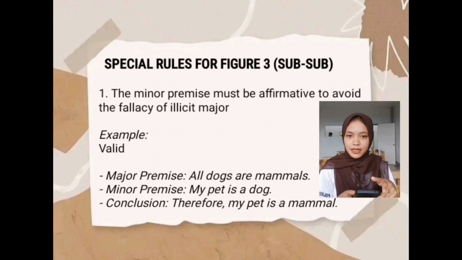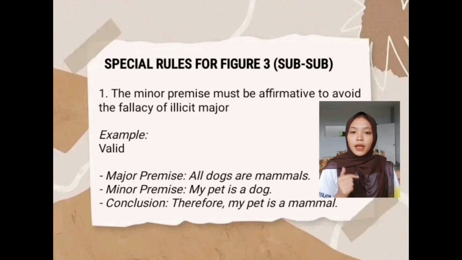What is fallacy? Fallacy is a logical error, right? This fallacy occurs when the conclusion makes a broader claim than what is stated in the major premise. In other words, the conclusion tries to apply the major premise to a wider group than it actually covers. Sa madaling salita, ang illicit major is pag ang conclusion natin is mas broader siya doon sa major premises natin, which is dapat hindi.